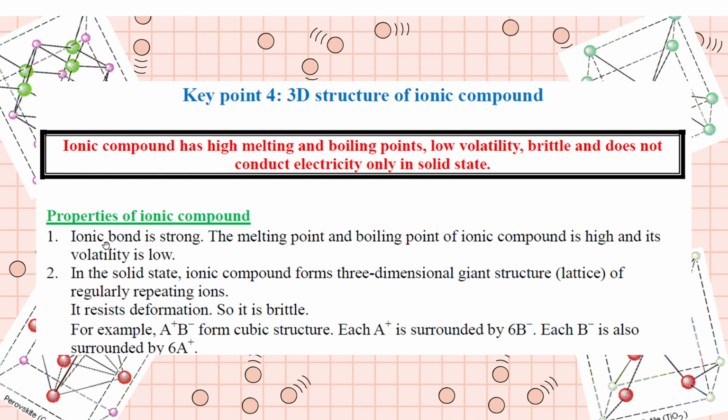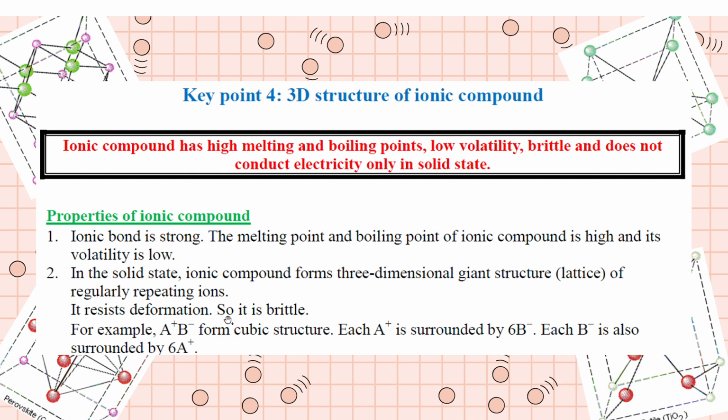So for the properties of an ionic compound, the ionic bond is strong, a very important concept. All the things come out from here. So melting point and boiling point are high, volatility is low, they can't escape. In the solid state, an ionic compound forms a three-dimensional giant structure like this. We call this giant structure a lattice, of regularly repeating units.